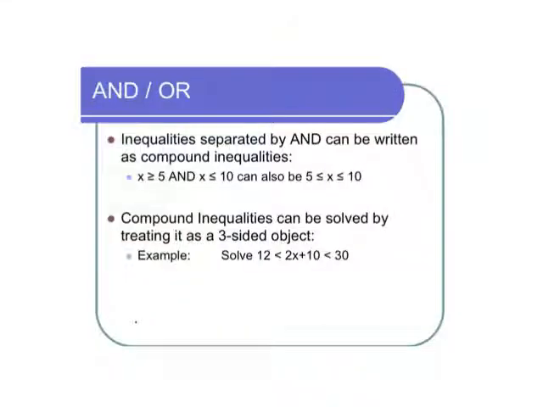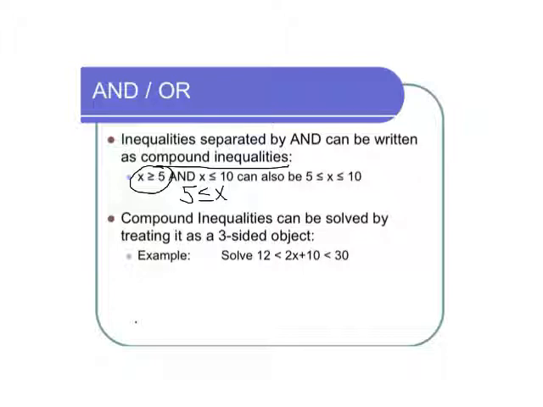One additional thing about AND graphs is that they can be rewritten in a little different way. You can write an AND situation as what we call a compound inequality by kind of squishing things together. If I take x is greater than or equal to 5 and I reflect it, that gives us 5 is less than or equal to x.